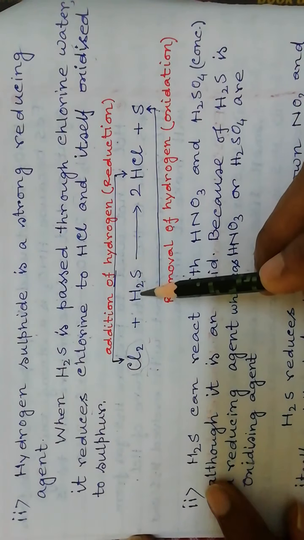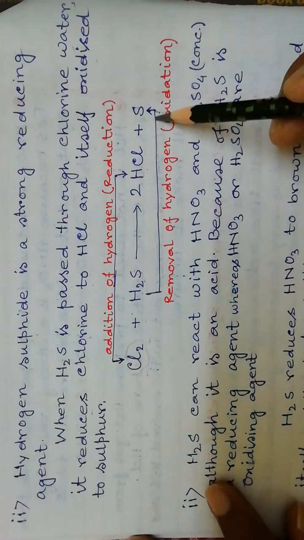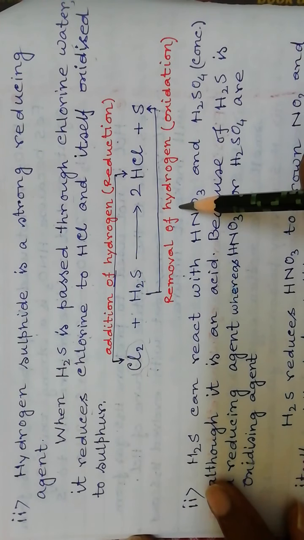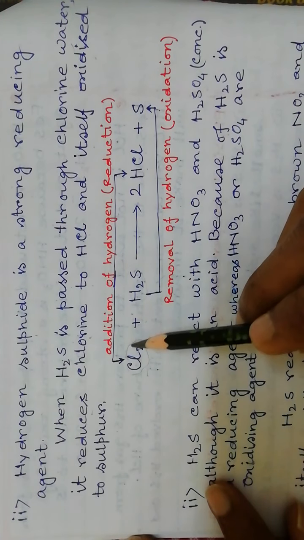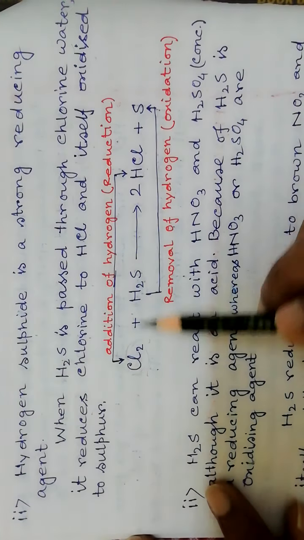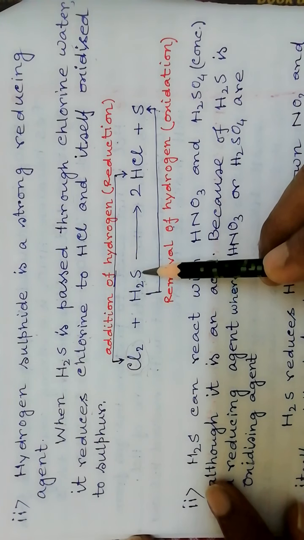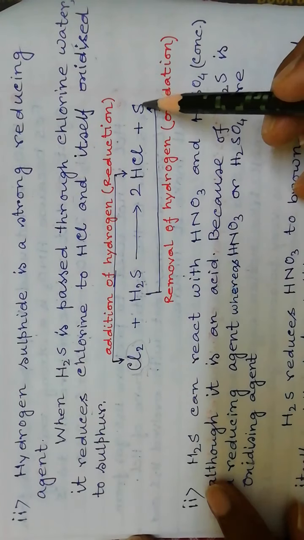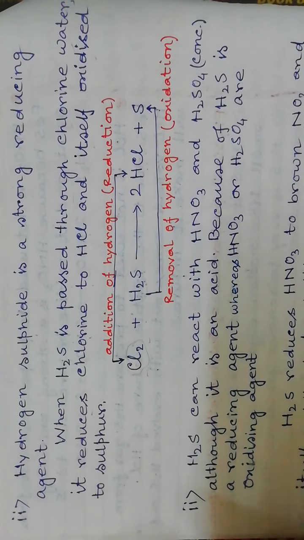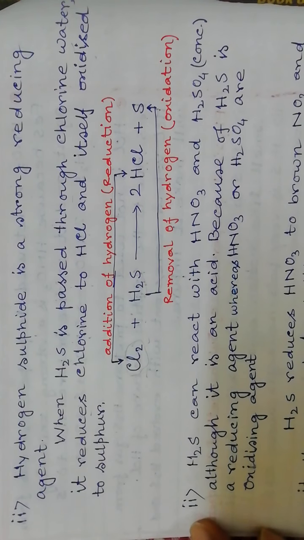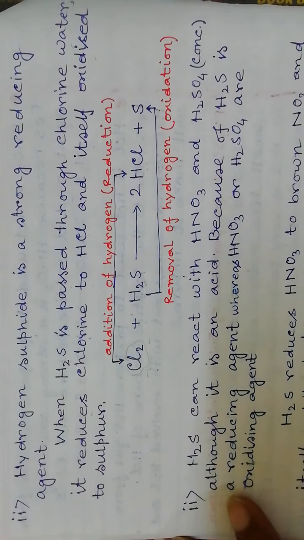H2S itself is oxidized into sulfur because hydrogen is removed. So chlorine is reduced by H2S to form HCl and H2S itself is oxidized to sulfur. So this reaction proves that hydrogen sulphide is a strong reducing agent.